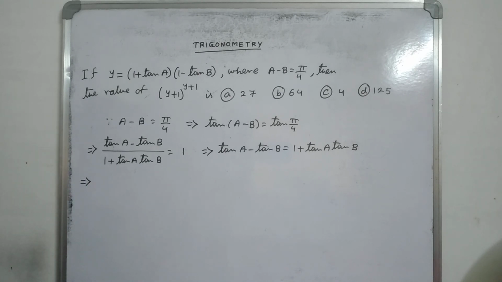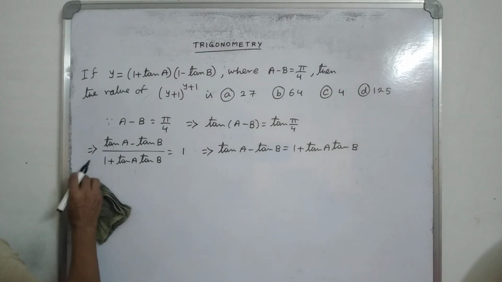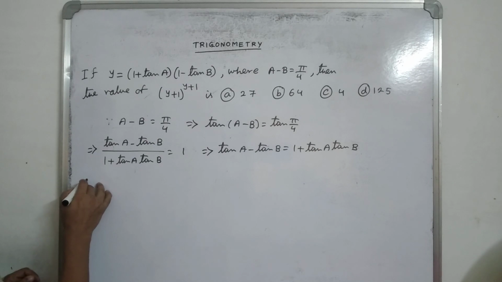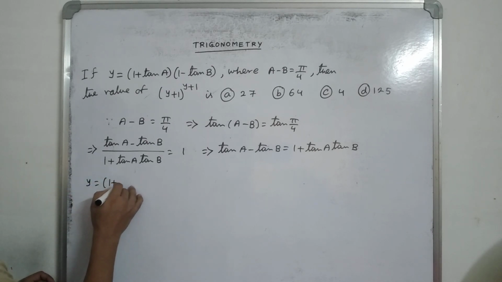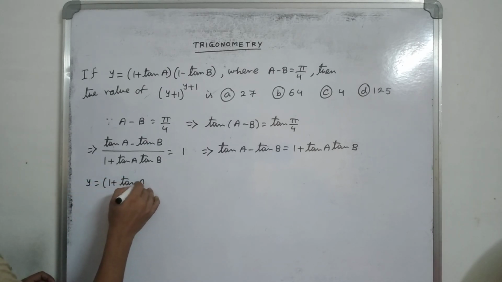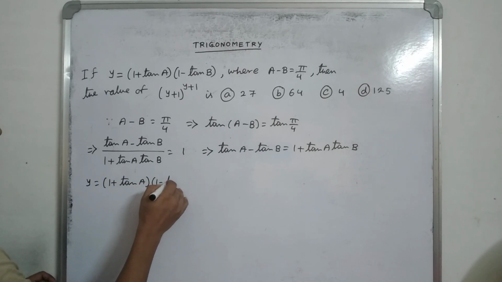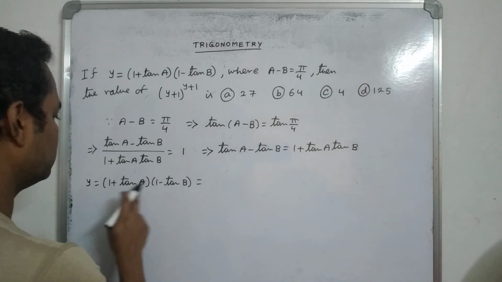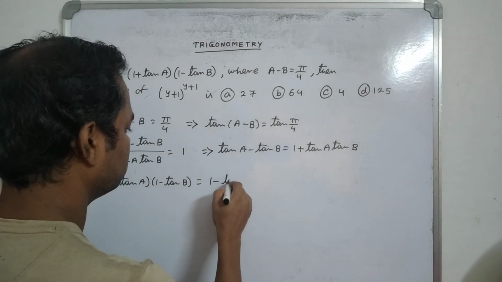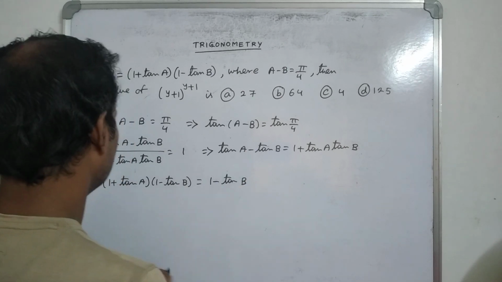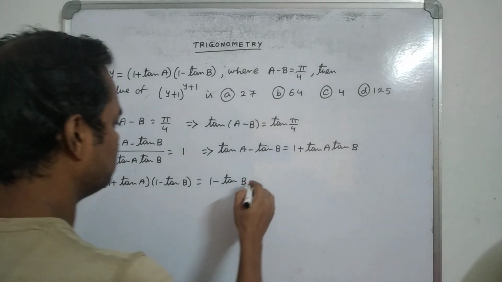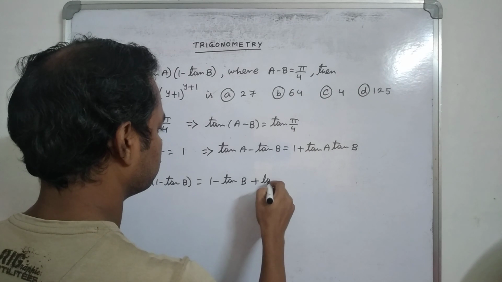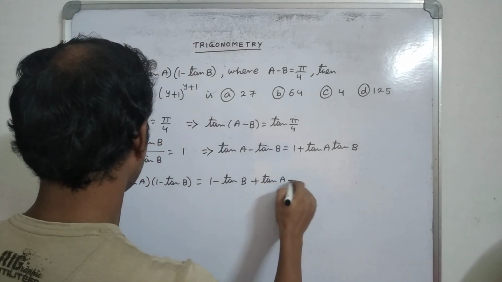Then taking the left hand side, we can write y equals 1 plus tan a into 1 minus tan b. By multiplying these two, we get 1 into 1 minus tan b is 1 minus tan b, and tan a into 1 minus tan b is tan a minus tan b.